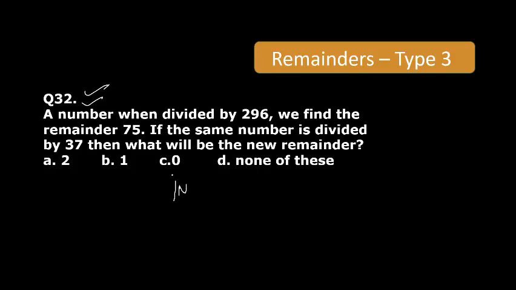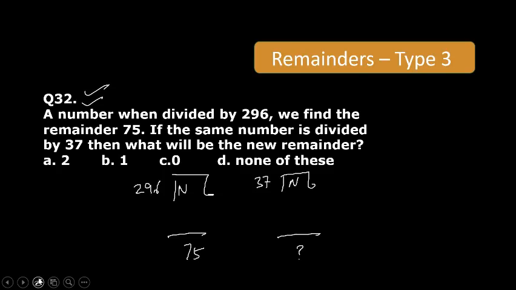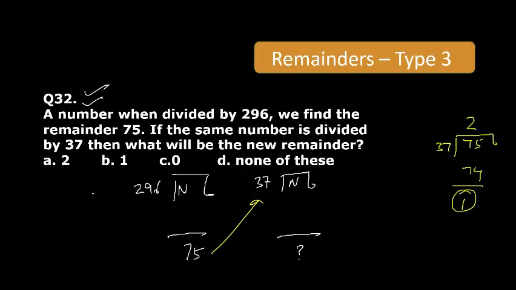If a number is divided by 296, it was leaving 75 as the remainder. And if the same number is divided by 37, what will be the remainder? We don't have C and D, just divide it. 75 divided by 37, 37 twos are 74, the remainder is 1. Answer is 1. I hope this type is also clear to everyone.